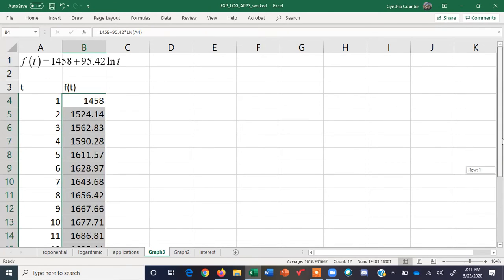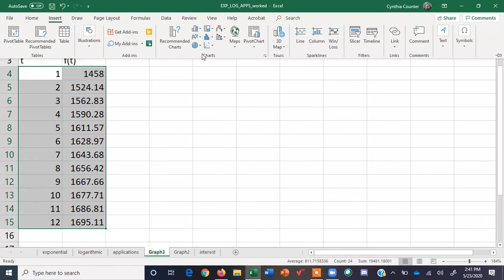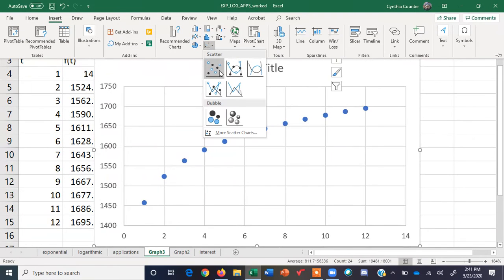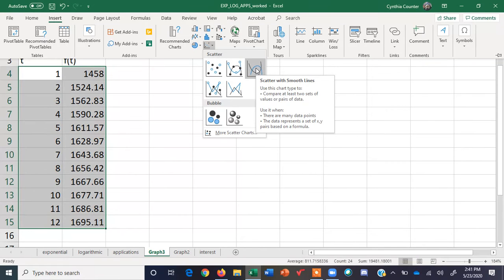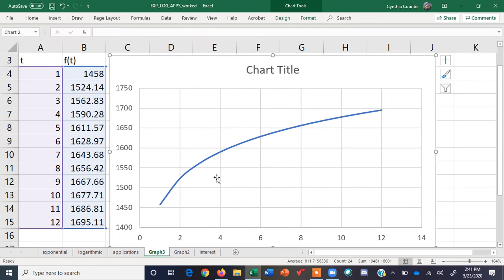Right. Let's now copy these. We will insert, scatter, but connected with just the line. Here we are. So we can see here at t equals 0, I'm going to put the graph here where we can see it.